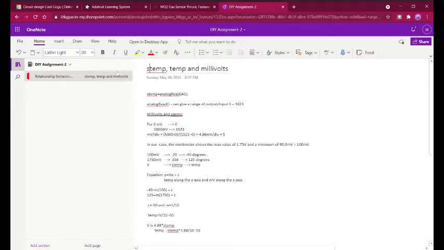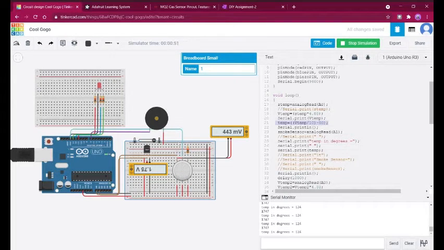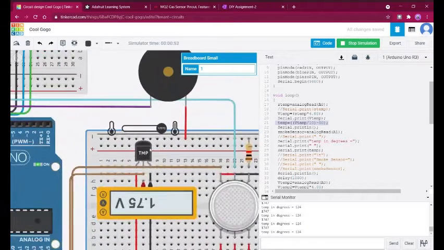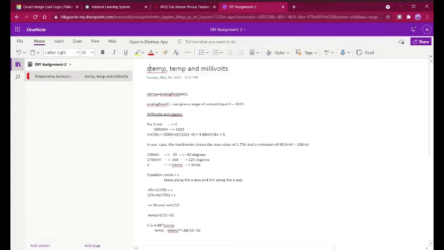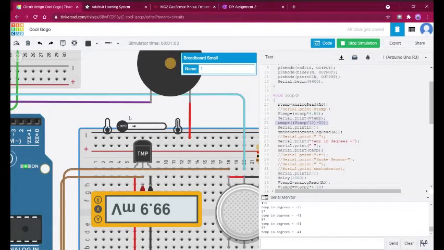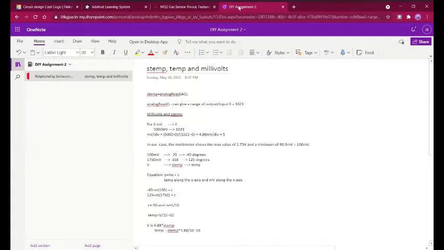In our case, with the multimeter connected across the terminals of the temperature sensor, the minimum is minus 40 degrees Celsius, and it corresponds to a voltage of 99.9 mV, and the corresponding stemp is 20, and the maximum voltage it can have is 1.75, and it corresponds to a temperature of 125 degrees Celsius, and it corresponds to 358 stemp.